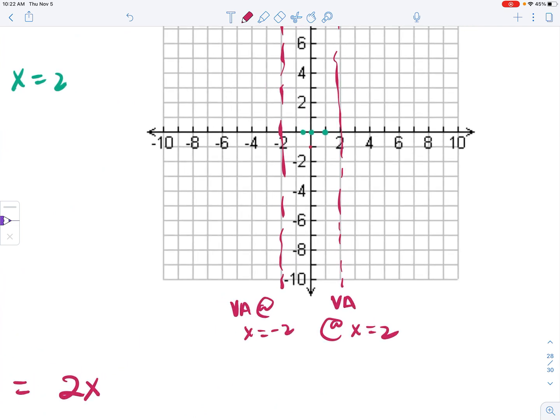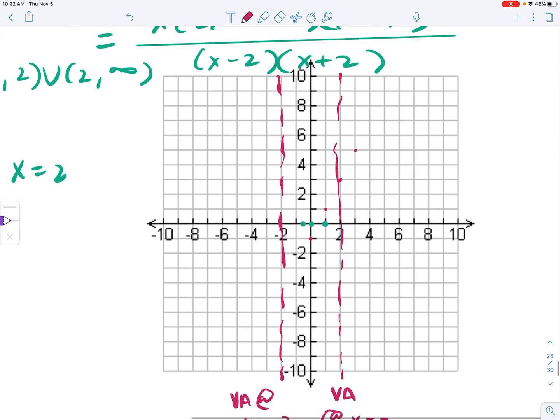I'm going to graph that slant asymptote. Slope of 2, positive 2.